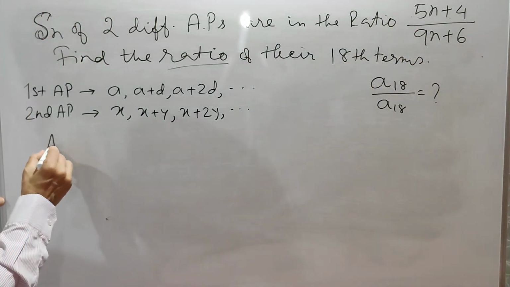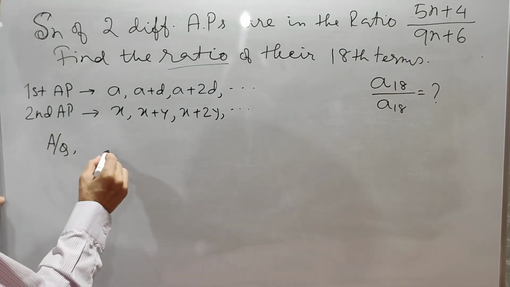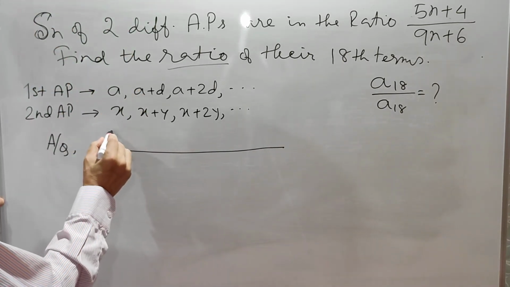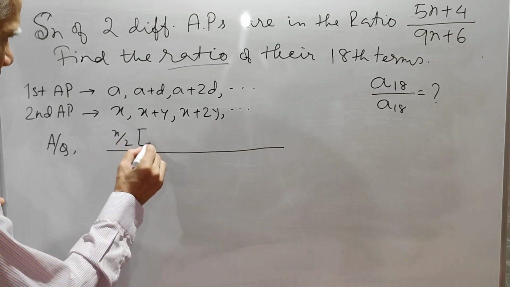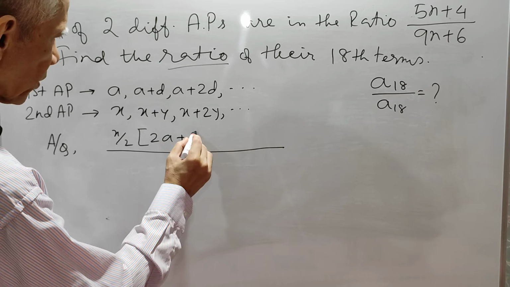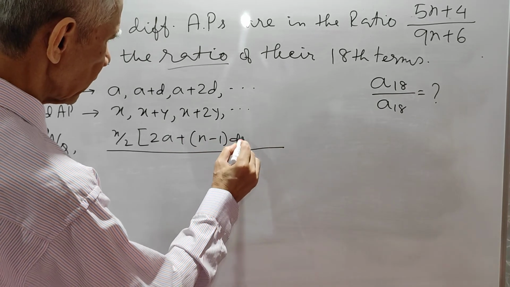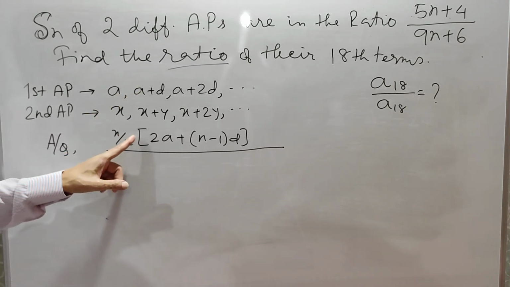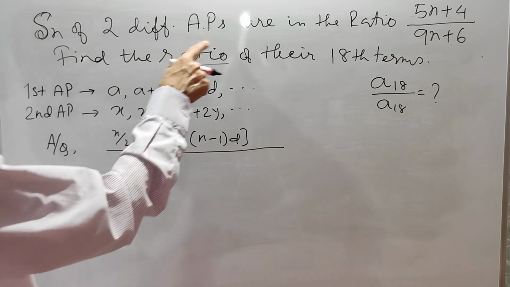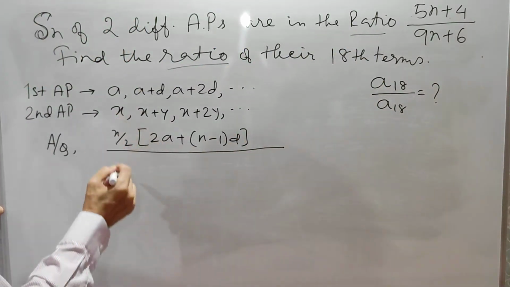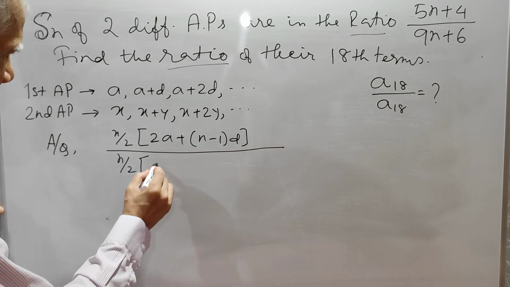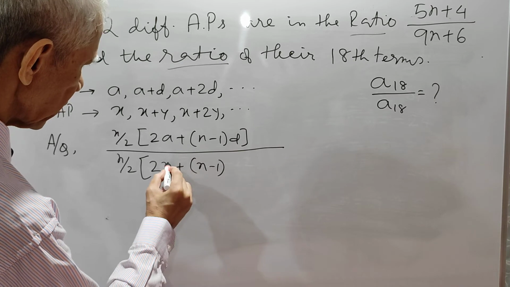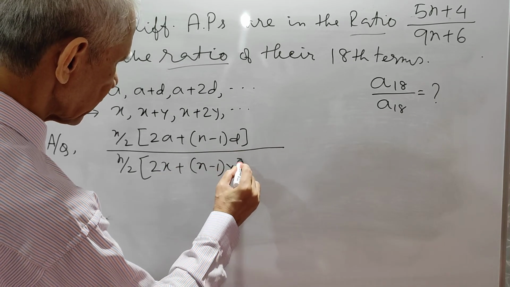Therefore, according to the question, what is given? The sum of n terms of this AP will be what? n by 2 into twice A plus n minus 1 times D. So the sum of n terms of this AP is this one by formula, and the sum of n terms of the other AP is n by 2 into twice the first term, 2X, plus n minus 1 into Y. All right.